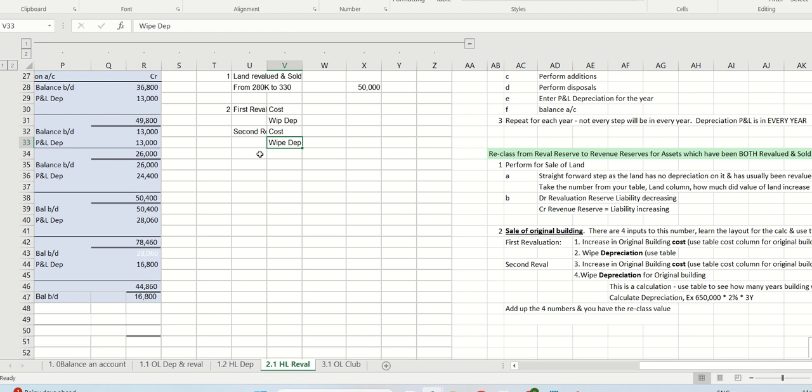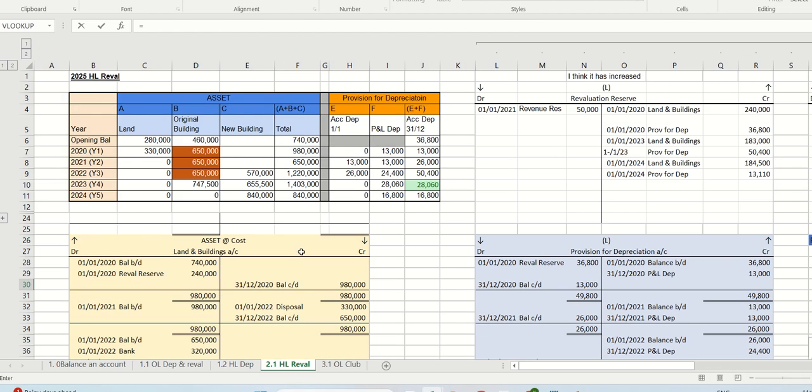So we have to get 4 pieces of information to get the final value that we need for the reval of that building.